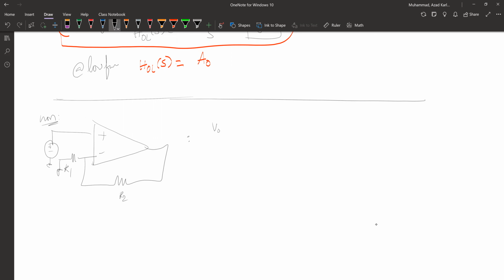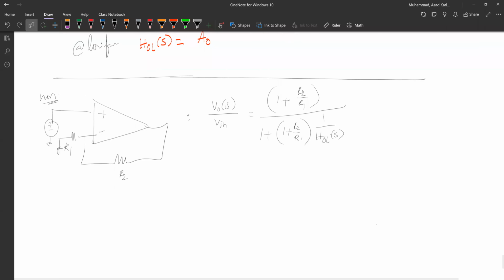The output over input looks like 1 plus R2 over R1 over 1 plus R2 over R1 times 1 over H open loop of S. Now we are interested to see what happens to this transfer function at low frequencies and at high frequencies.